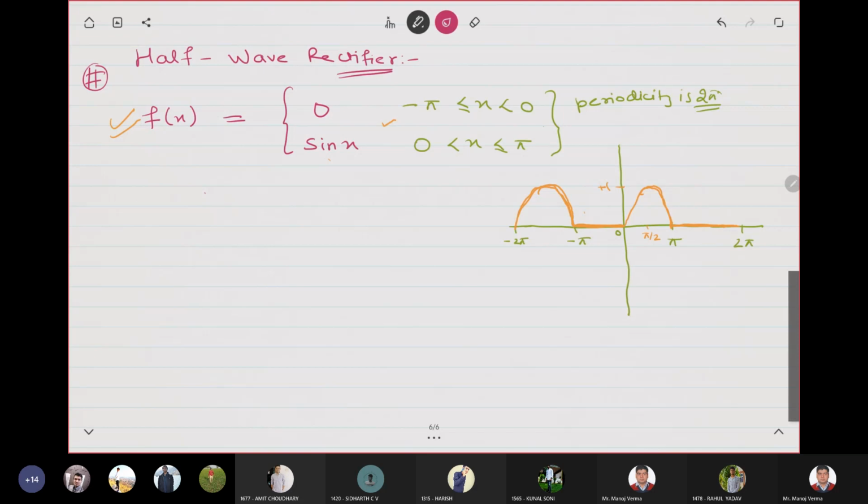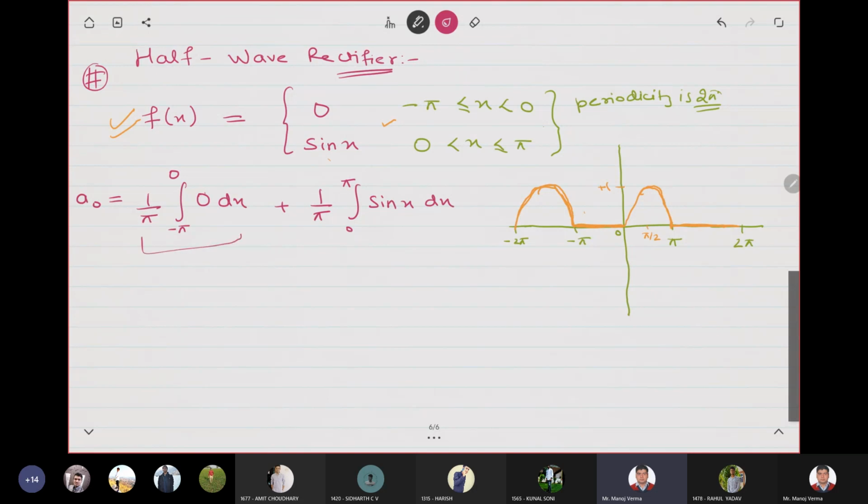So if I try to find the value of the first Fourier coefficient a naught for this function, it will become 1 over pi in both the ranges. From minus pi to 0 the function is 0, so the integral will also be 0, plus 1 over pi from 0 to pi of sin x dx. As simple as that.